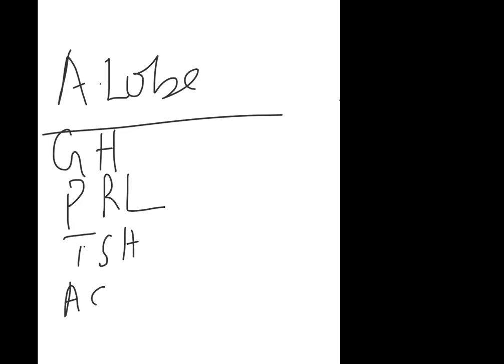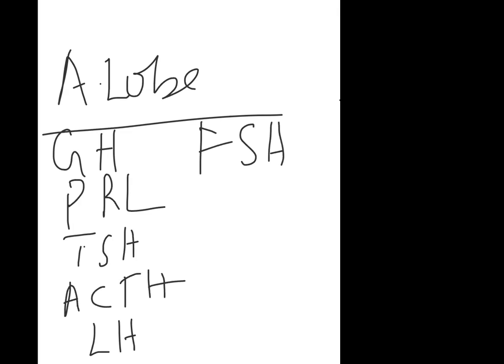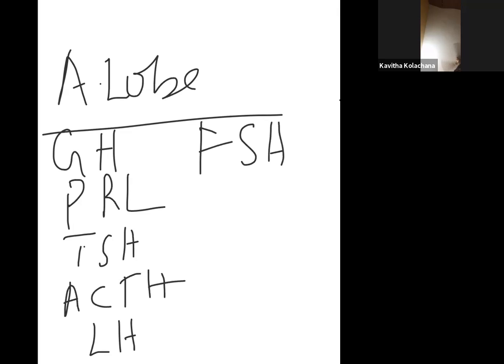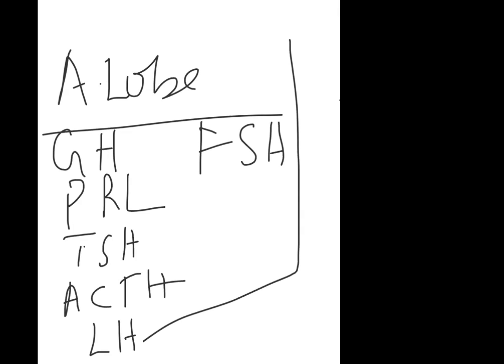Very good. ACTH. Adrenocorticotropic hormone. Correct. What is LH? Luteinizing hormone. And FSH. Follicle stimulating hormone. Okay, so we will first finish this, then we'll go to the next one.